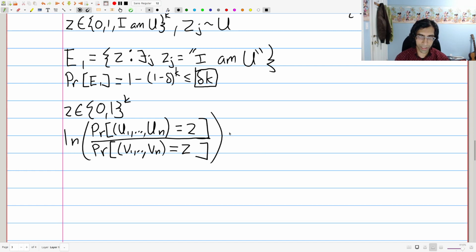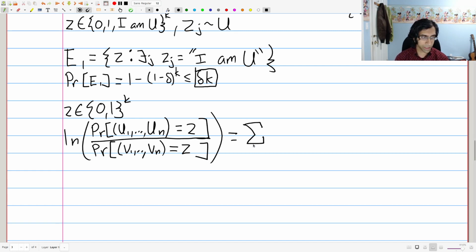Fortunately, this is very easy to simplify because, like I said, these are drawn IID from the same distribution. So you can break this probability out into a product over U1 equals Z1, U2 equals Z2, and so on. Breaking up into a product is the first step. You can do the same thing for the denominator. Then you can pull the product out of the natural logarithm, which will make it a summation.